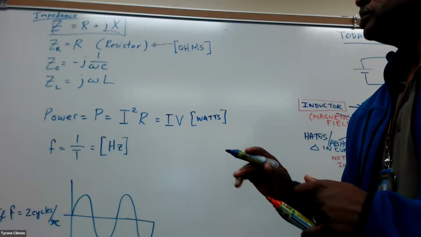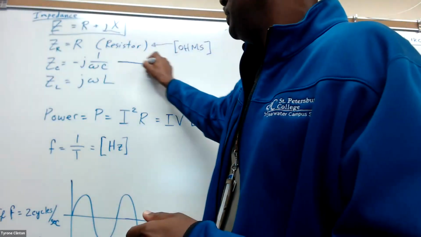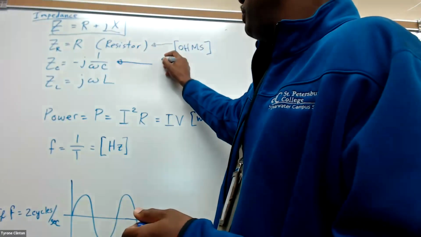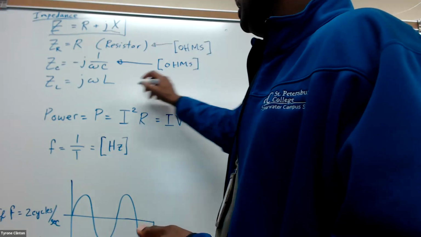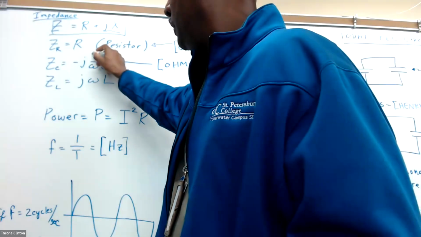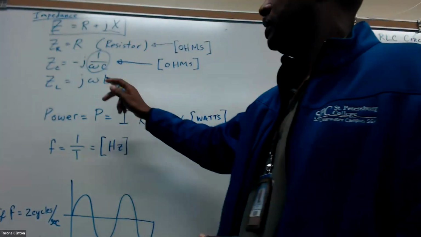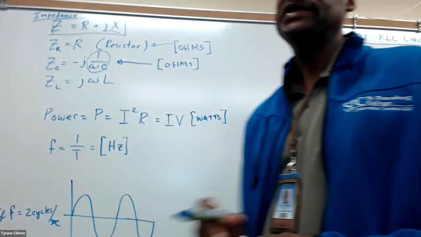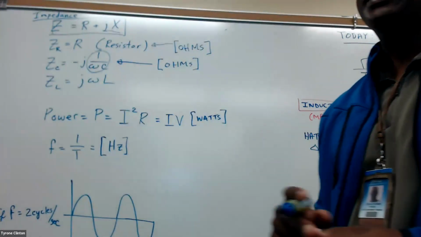Right? The impedance on a capacitor, all of these, by the way, are measured in ohms. It's found by going through this process, and mainly we're going to pick off this piece right here. Okay, so omega is the frequency and C is the capacitance.